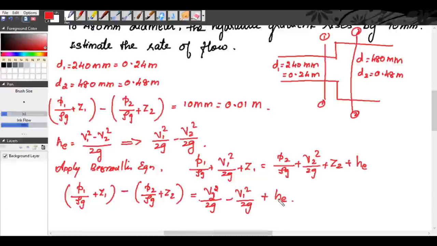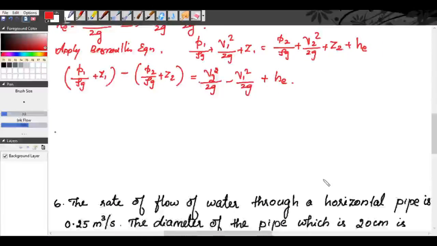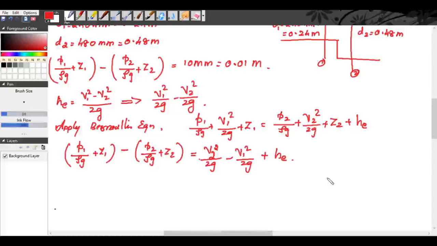Now we can apply the continuity equation. Applying the continuity equation, we get Q is equal to A1 V1 is equal to A2 V2.